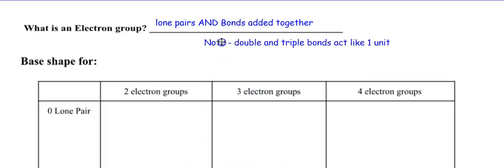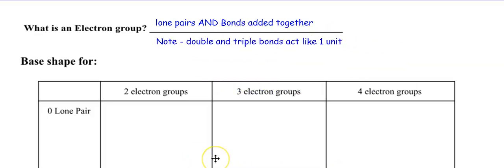Okay, so I wrote note: double and triple bonds act like one unit. All right, because we're talking about geometry, we're talking about shape. Okay, and actually the running joke is VSEPR was the original example of social distancing, because these electrons want to be as far away from each other as possible.